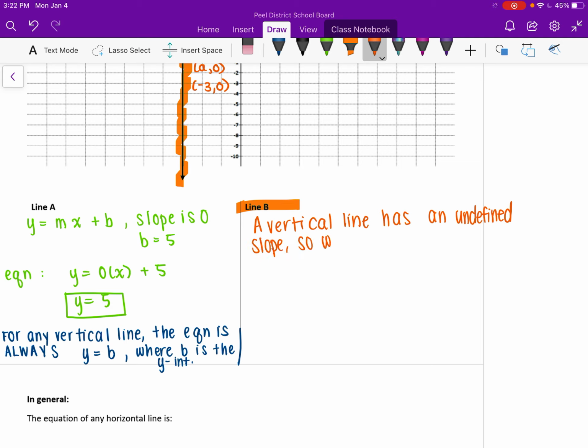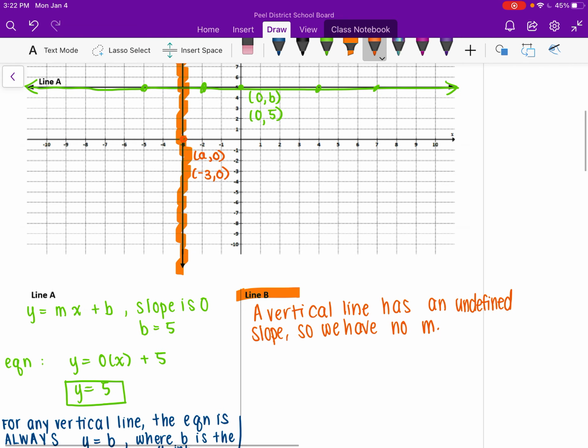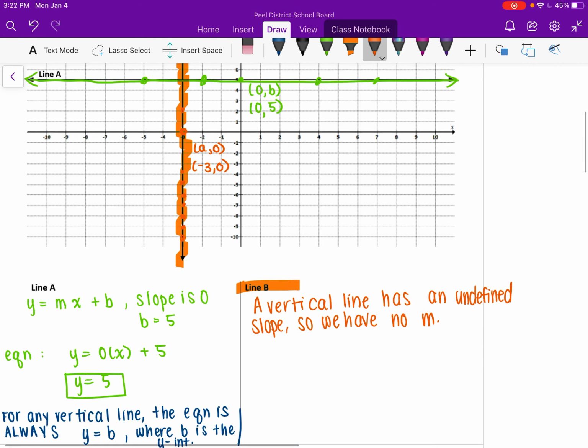So we have no m. In this situation, no matter what y value you pick, the x is always going to be negative 3.